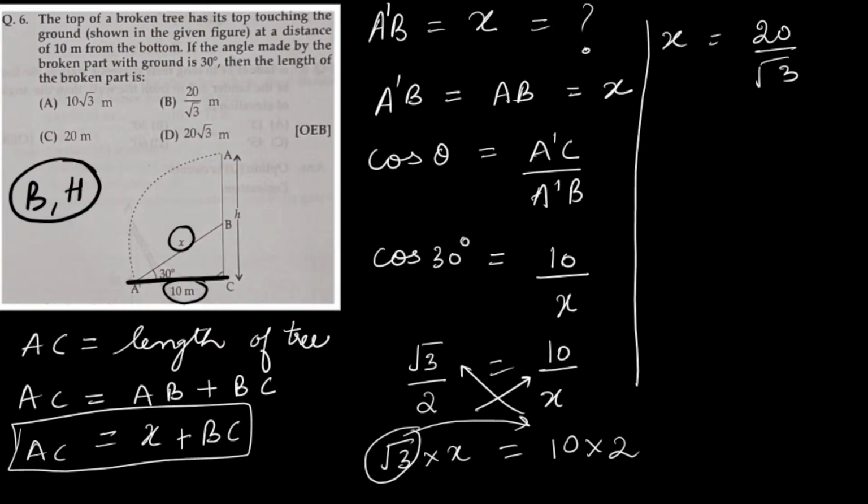So which option is the correct answer? X is equal to 20 by root 3, it's option B.